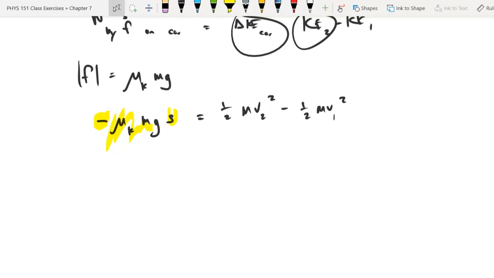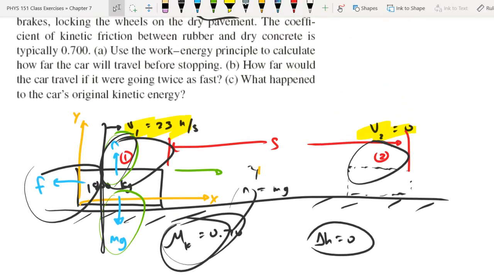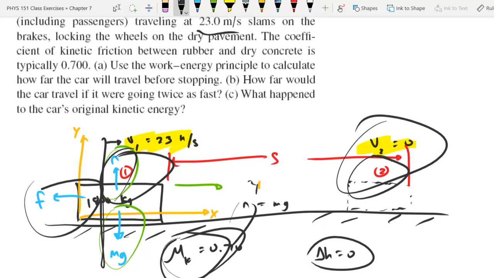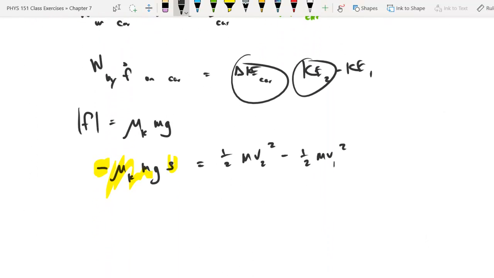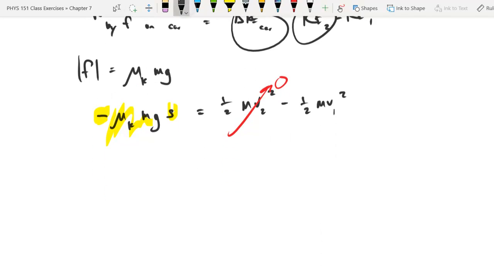Which actually I can factor out 1/2 m, but I don't necessarily need to, because we end up with v2 equal to 0 because it comes to rest. Maybe if it didn't come to rest, it might be a little bit more convenient to factor out that 1/2 m, but it comes to rest, so v2 is 0, so this whole thing disappears. So we have negative mu k mgs is equal to negative 1/2 m v squared.